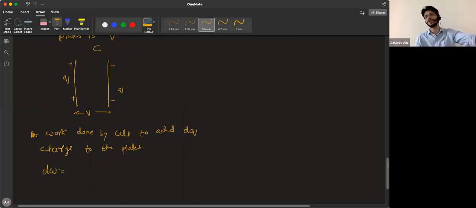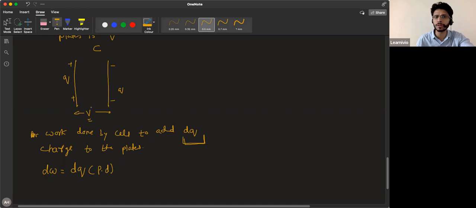That work done will be dW. And how to calculate that work done? The potential difference is V. Along that potential difference, I am carrying this charge dq. Work done is charge multiplied by potential difference. And what is the potential difference between the plates?